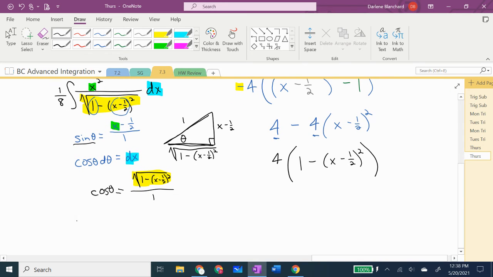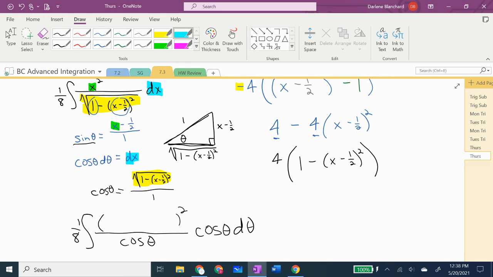I have 1/8 x squared, and then my substitution and my other substitution. And finally, my x is equal to sine theta plus 1/2.